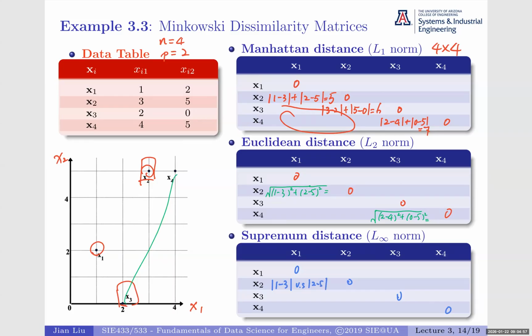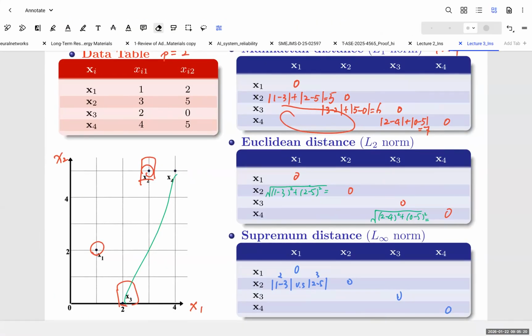So this gives us 2. And this 2 minus 5 absolute value gives us 3. So which dimension gives us the largest distance? Along the second dimension. So the result is 3.